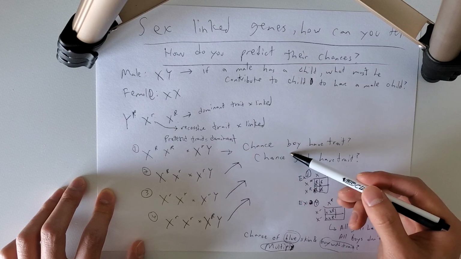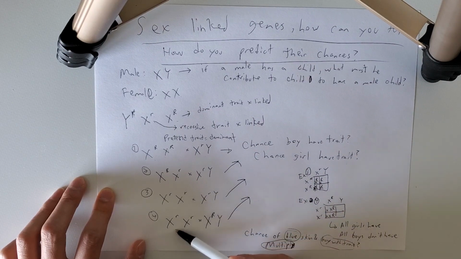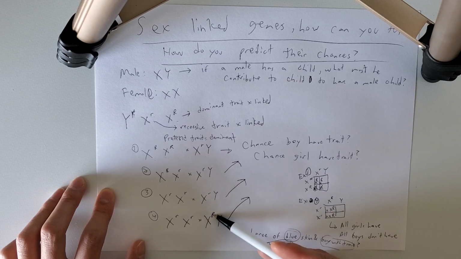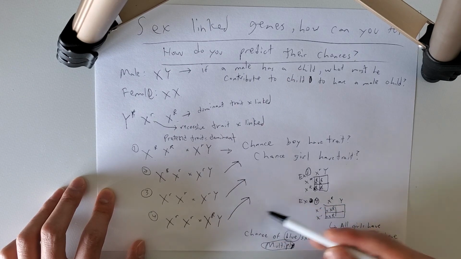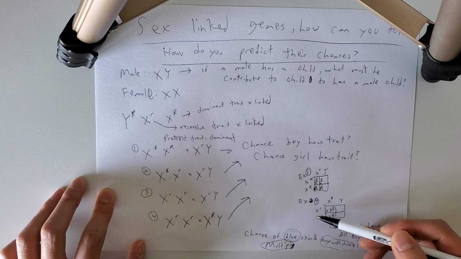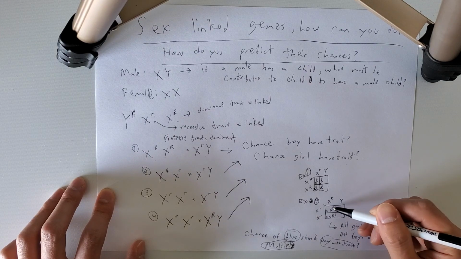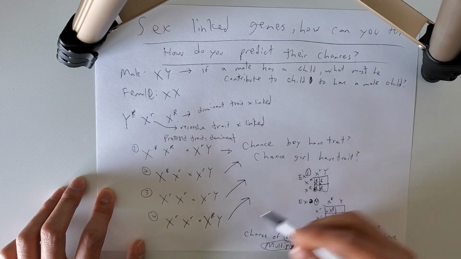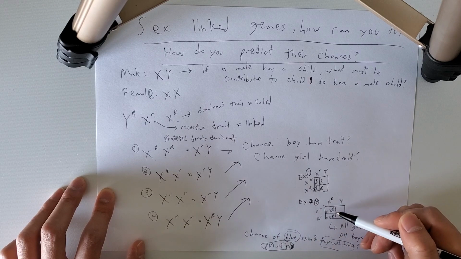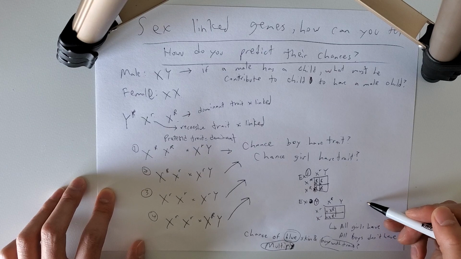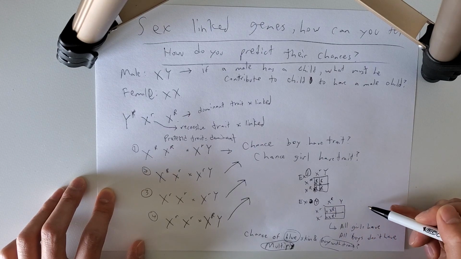Let's look at another example though. Let's look at example number 4. So X R, X R, X capital R, Y. So we're going to go ahead and look at this example here. In this example, only 2 out of the 4 boxes is going to have the X capital R. But in this situation, normally we'd be like, oh, 50% of kids is going to have this condition, right?